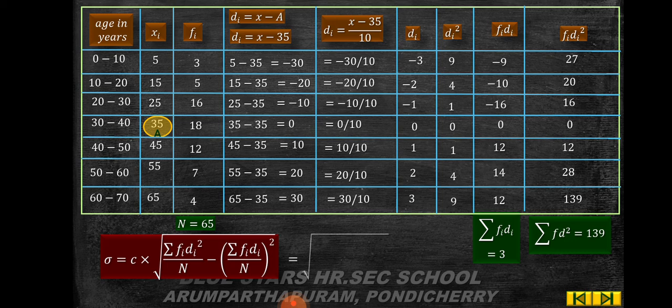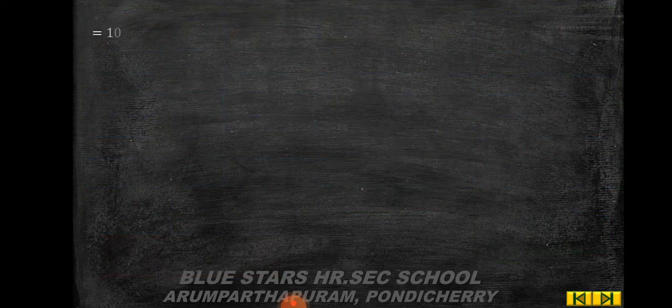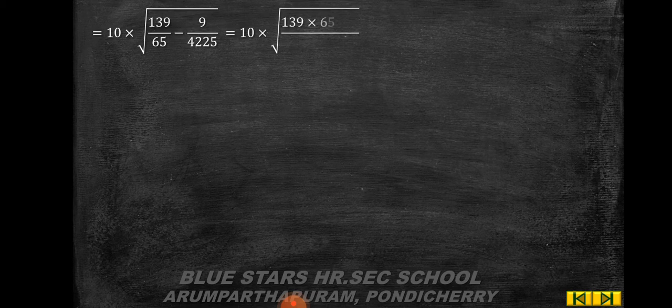So sigma is equal to C into root of summation Fi di square by n minus summation Fi di by n the whole square, which is equal to root of 139 by 65 minus 3 by 65 the whole square, which is equal to 10 into root of 139 by 65 minus 9 divided by 4225.